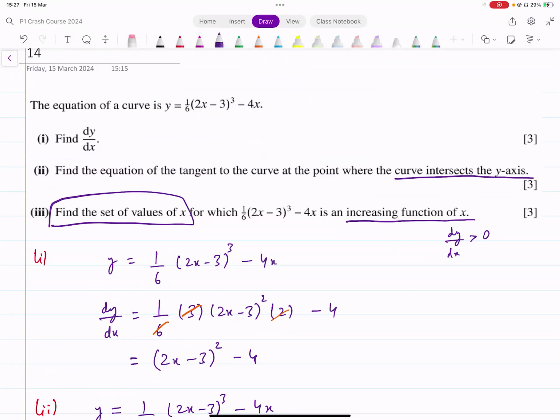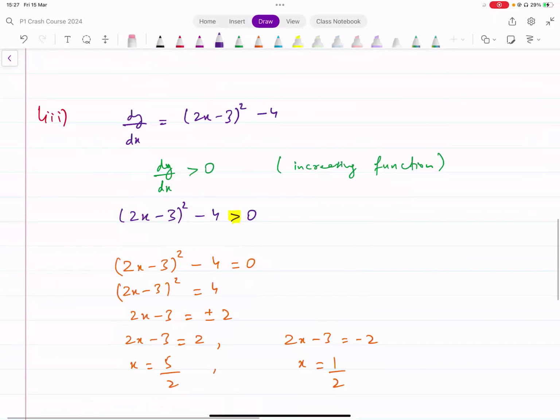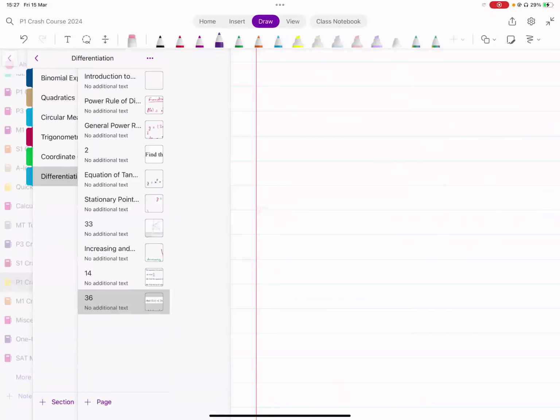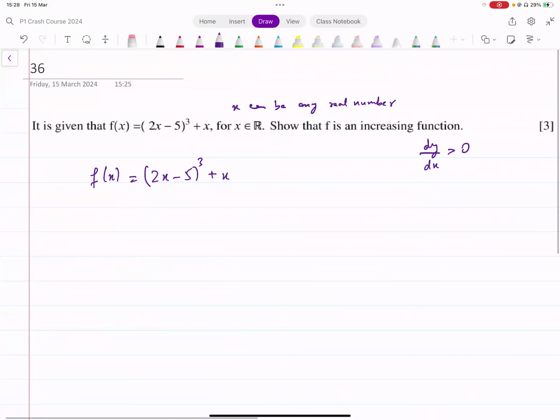Given that information, we needed to find the set of values of x. So we could just put derivative greater than 0 and then solve that inequality afterwards. This question statement is different. They have not given us that the function is increasing, so we can't just put the derivative greater than 0 in this case. We need to show that dy over dx is greater than 0.